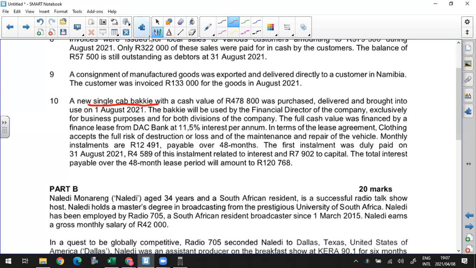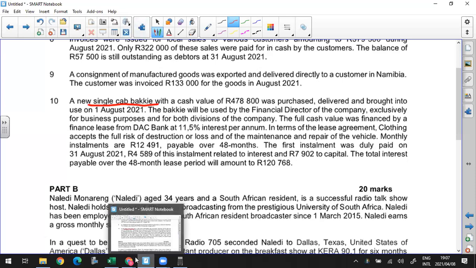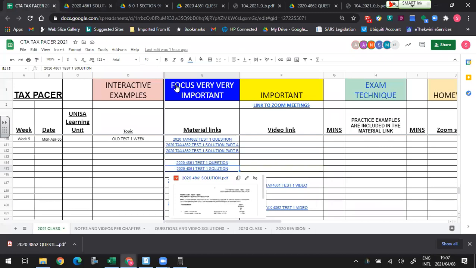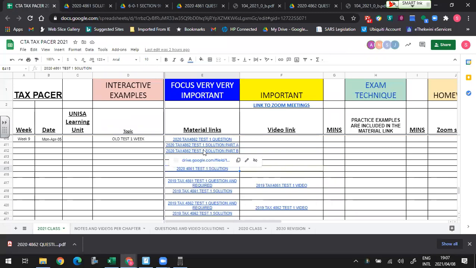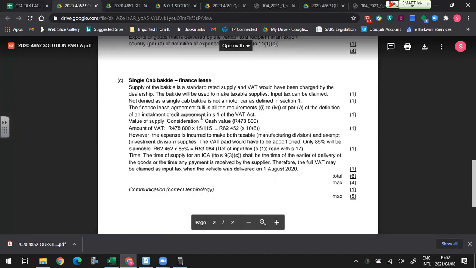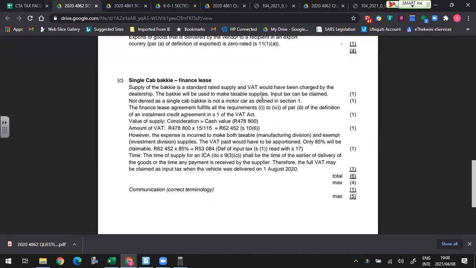Let's have a look to see what they did inside their solution from a number crunch perspective. There we go. Supply of a bakkie is a standard rated supply, VAT would be charged by the dealership. The bakkie will be used to make taxable supplies.